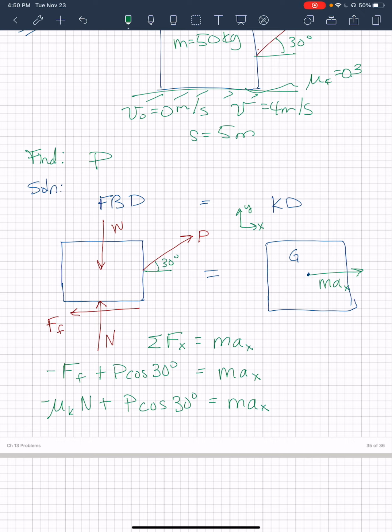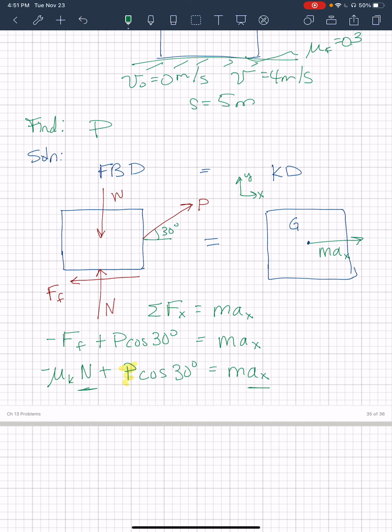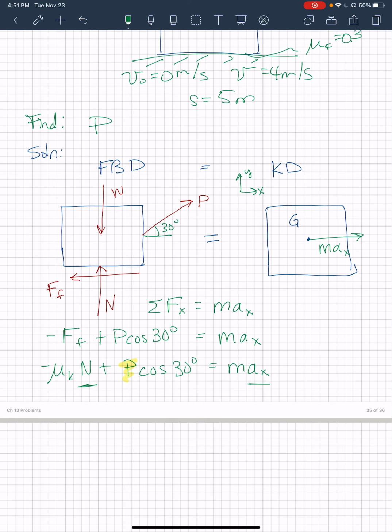So we need N. P is what we're looking for. We have mu sub k, we need N, and we need a sub x. To find a sub x, we can use the equation v squared equals v naught squared plus 2a times (s minus s naught), because they gave us the final velocity being 4 meters per second.